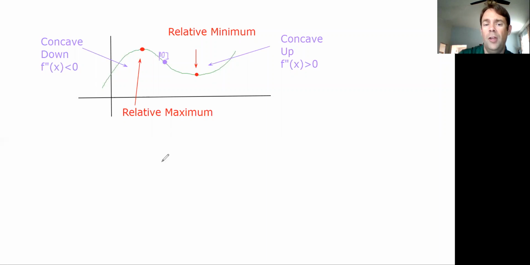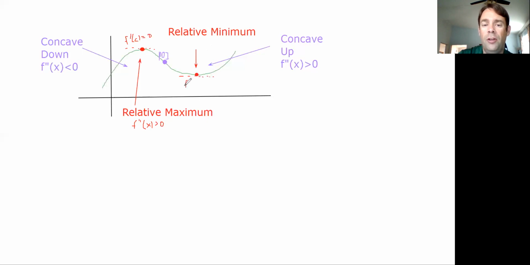If we have that horizontal tangent line at this value right here, we'll call it C, if it had a derivative equal to 0 and a second derivative that is less than 0, that would indicate that we have a relative maximum.